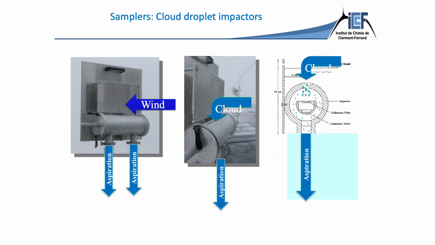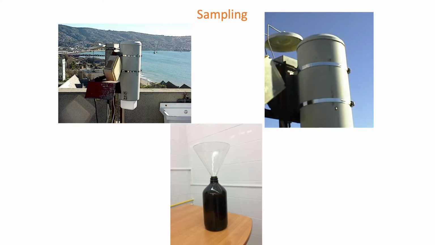So we used different methods of sampling, and for example, it was very professional in France. They had special cloud impactors, and they collect real water when cloud appears at the sampling site. We had more or less sophisticated instruments in Chile, and in Moscow, for example, for rain sampling, we used a very simple device like that, and you put it on the roof of the building and you collect.